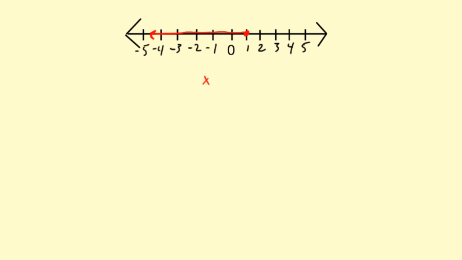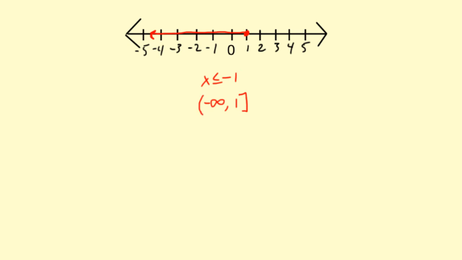So you could say x is less than or equal to 1 as an inequality. For an interval, it would look like this. You'd have the 1 here, and it's closed because the 1's included, but it would continue to the left forever.